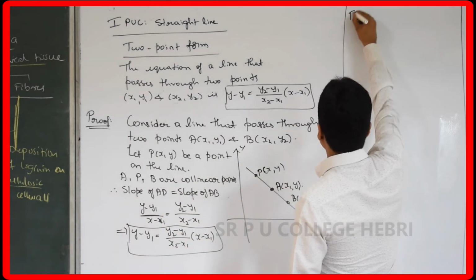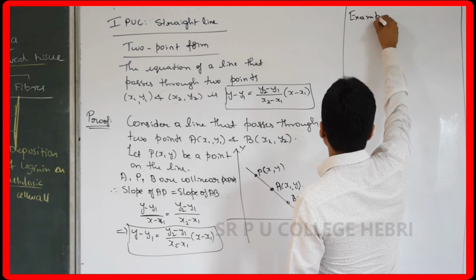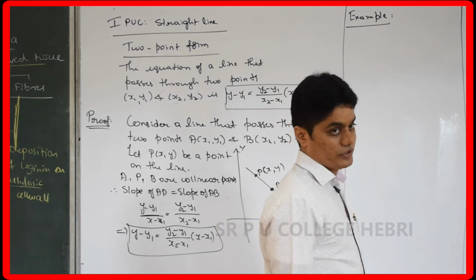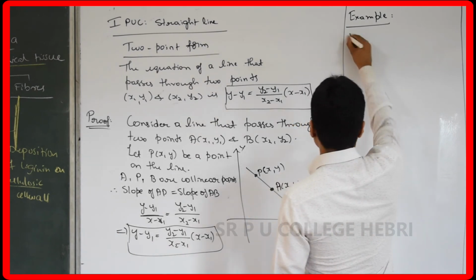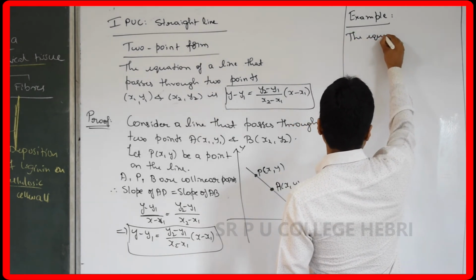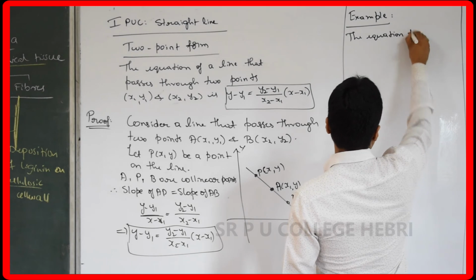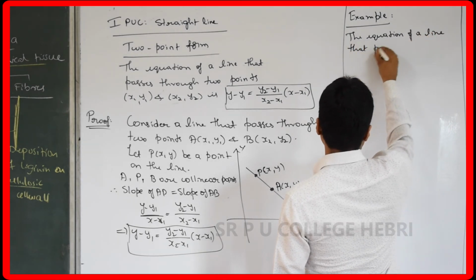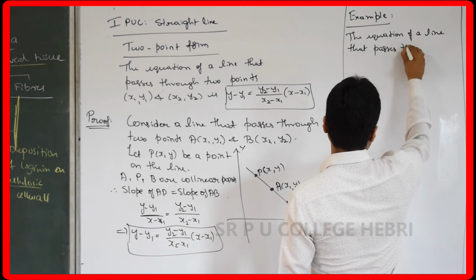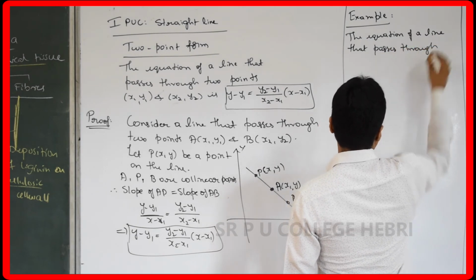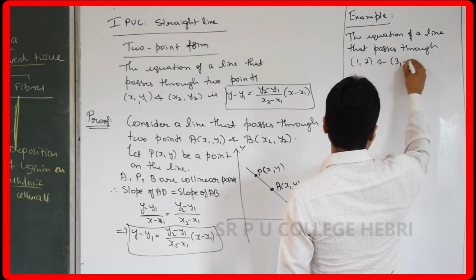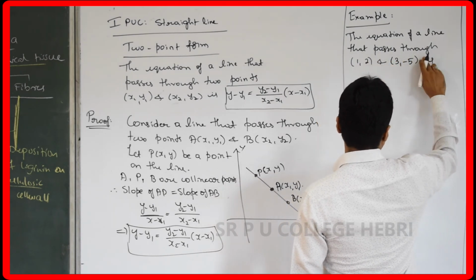Along with that derivation, you must know how to use this, as well as how to simplify after substituting in the two-point form. So the example will be like this: find the equation of a line that passes through (1, 2) and (3, -5).